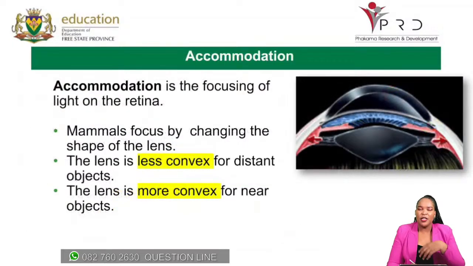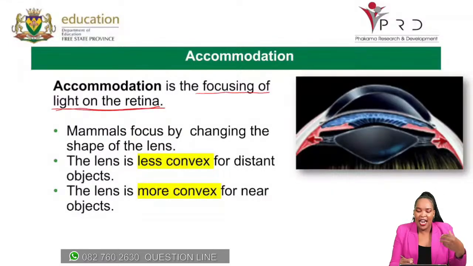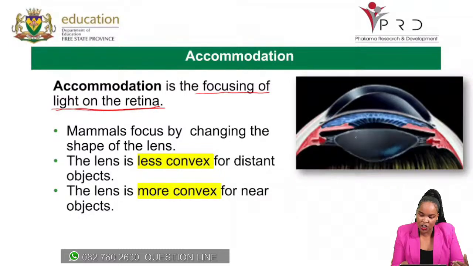Accommodation. Remember we said you need to learn about accommodation. This is one of the mechanisms that the eye is using to help us to live our life. So what is accommodation? Accommodation is the focusing of the light on the retina. Remember we spoke about the lens. So if you see on this diagram here, this part that is changing shape, you see the one that is changing its shape?